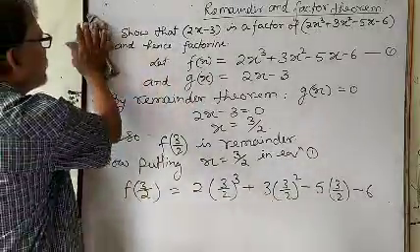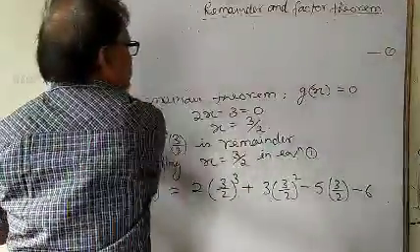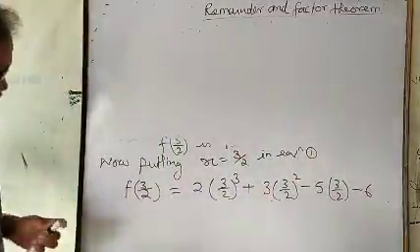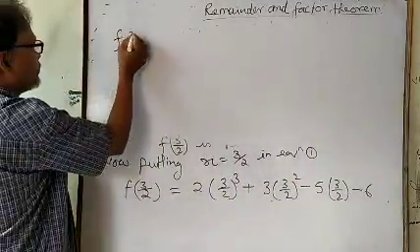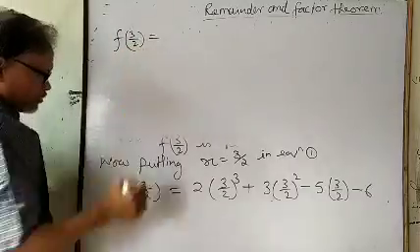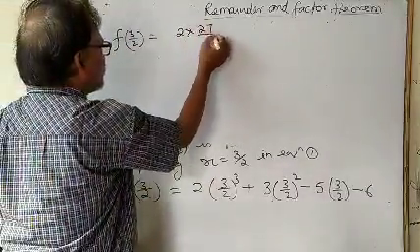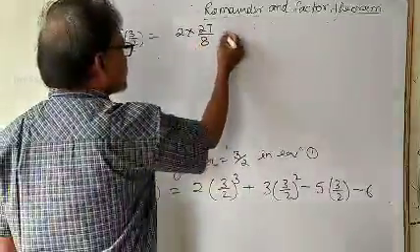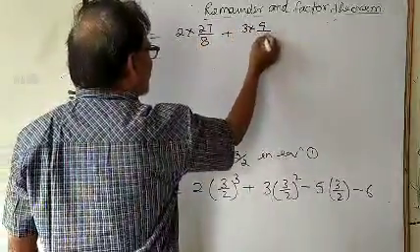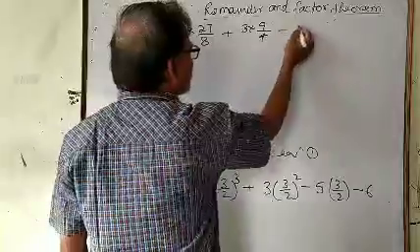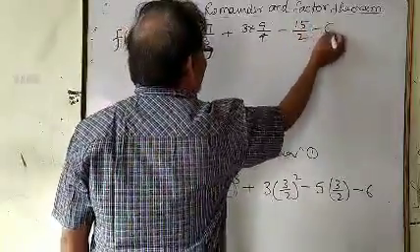Now we have to solve. f(3/2) is equal to 2 into 27 by 8 plus 3 into 9 by 4 minus 15 by 2 minus 6.